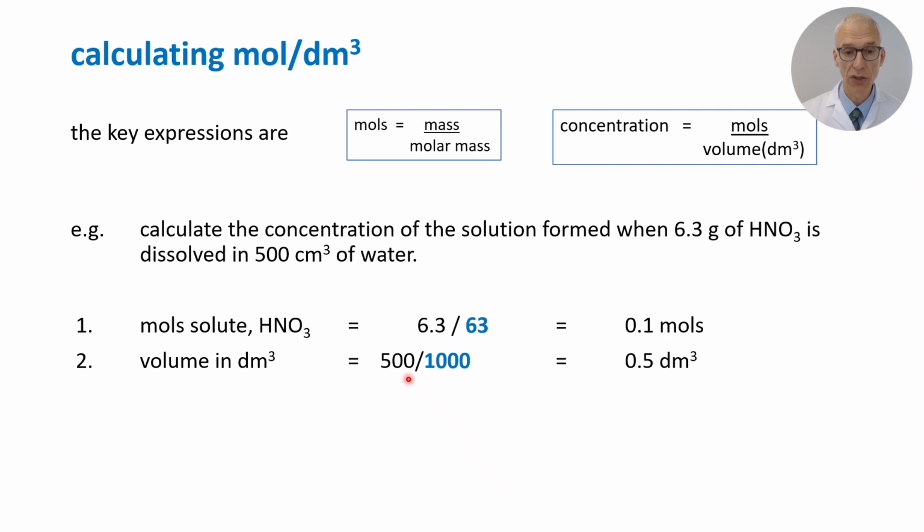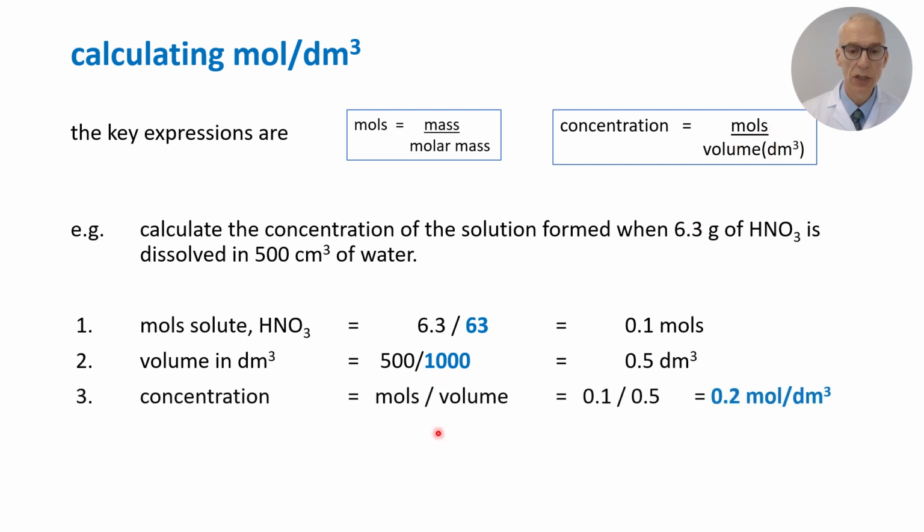So 500 divided by 1000, 0.5 decimeters cubed. Now, our concentration is, of course, moles divided by volume. So 0.1 divided by 0.5 comes to 0.2 moles per decimeter cubed.